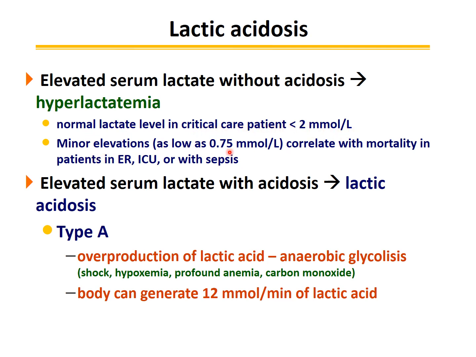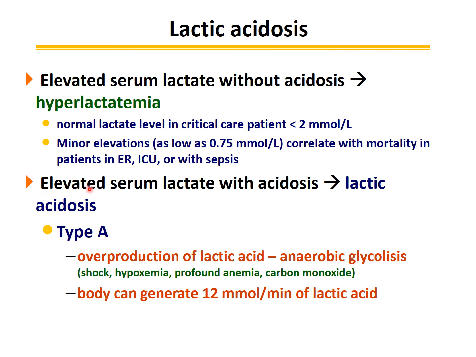A minor elevation correlates very well with the mortality of the patient in the intensive care unit or with sepsis. So the lactate level alone is very, very important, for example, to estimate the survival rate of the patient or the metabolic situation in the patient.